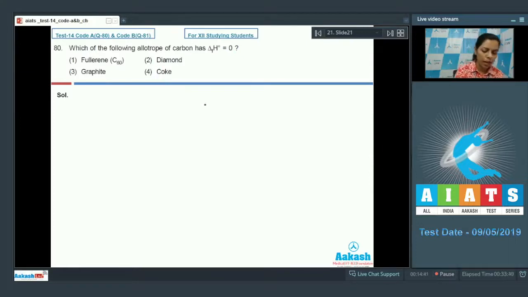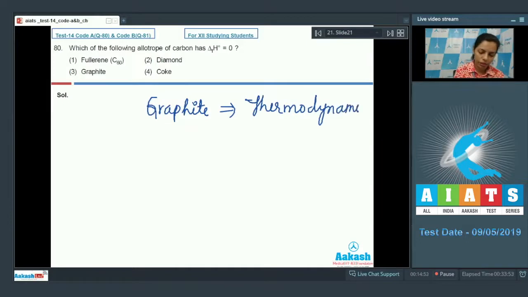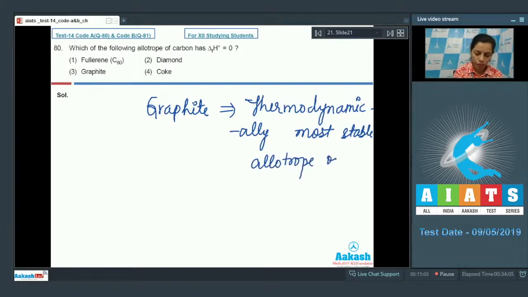So I just want to tell you that if I talk about graphite, that is the thermodynamically most stable allotrope of carbon. That's why its standard enthalpy of formation is assumed to be 0. That's why I'll choose option 3 as my correct answer.